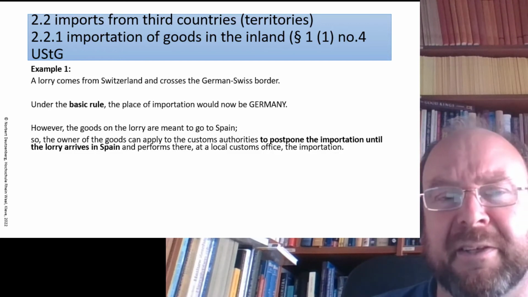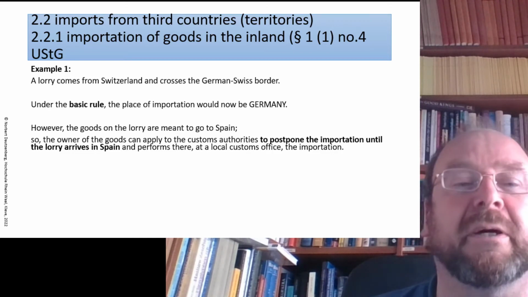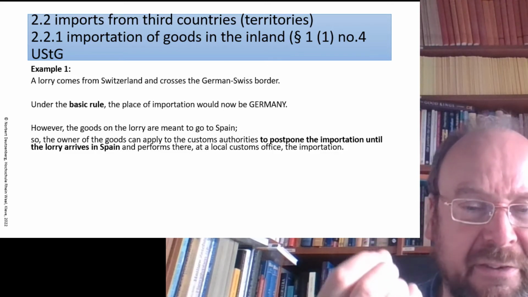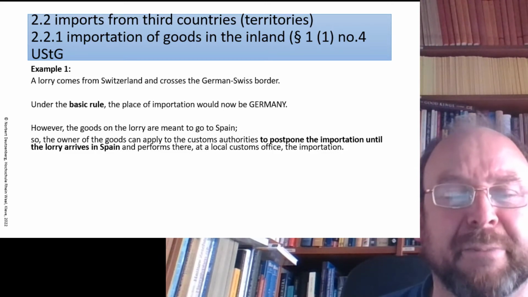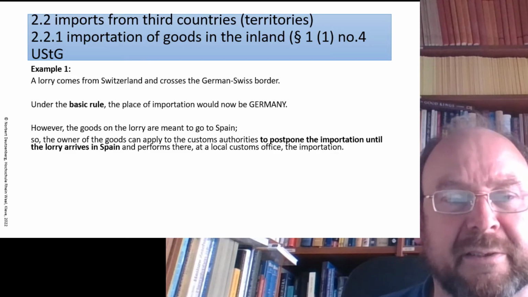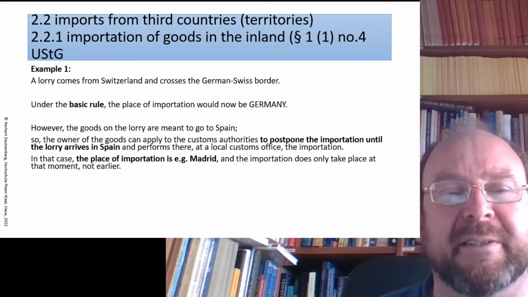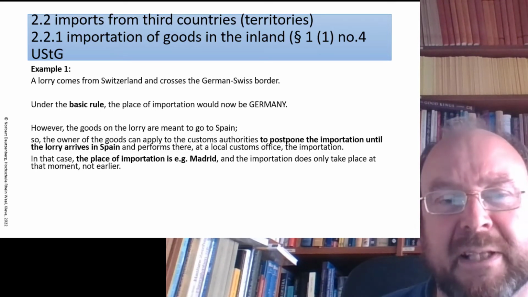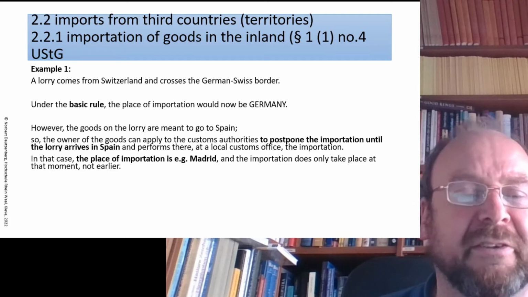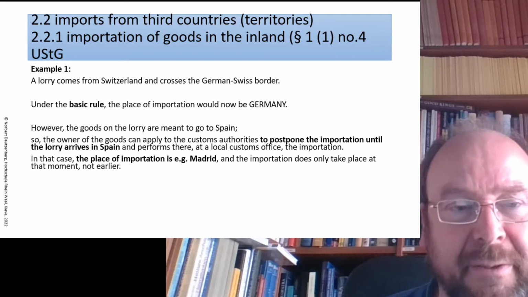And so it might be that the owner of the goods can apply or will apply or wants to apply to the customs authorities and says, I want to postpone the importation until the lorry arrives in Spain, and go there to the local customs office and do the importation stuff. In that case, the place of importation would then be, let's say, Madrid, the capital of Spain, and the importation only takes place there at that moment, not earlier.